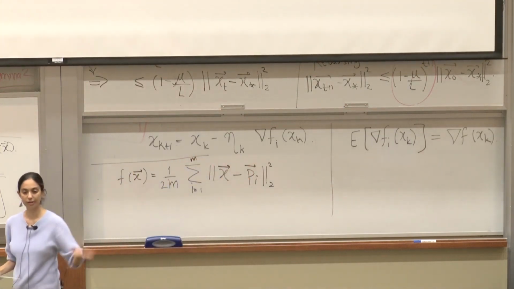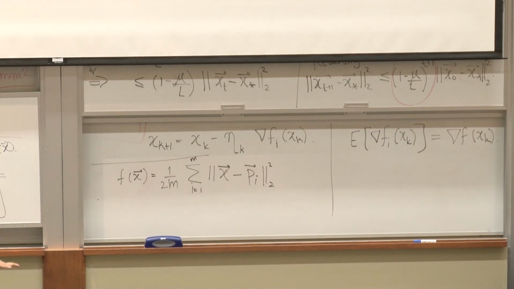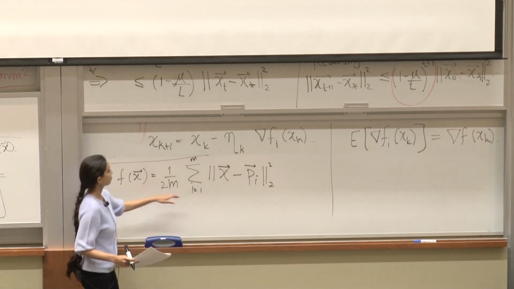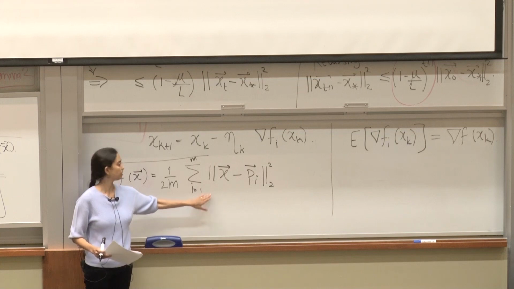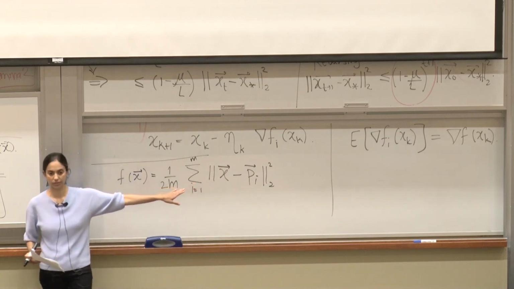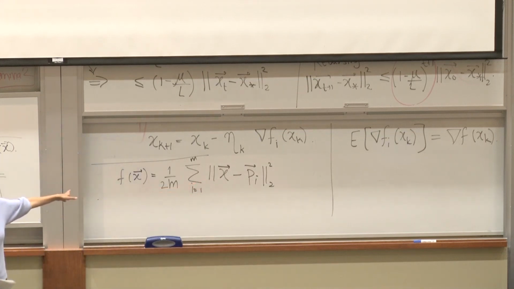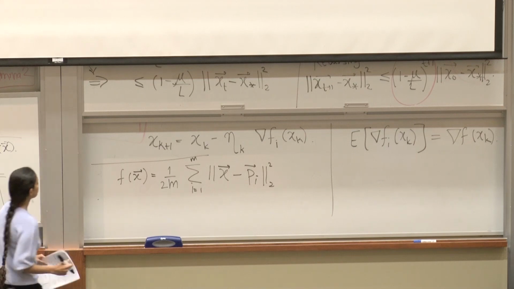So I have a set of vectors p1, p2, through pm, and my loss is basically my distance of x from all of these vectors. What is the x that minimizes this? I want to be close to p1 and p2 and p3 and p4 and p5. This is the average, right? We know what the solution to this is.